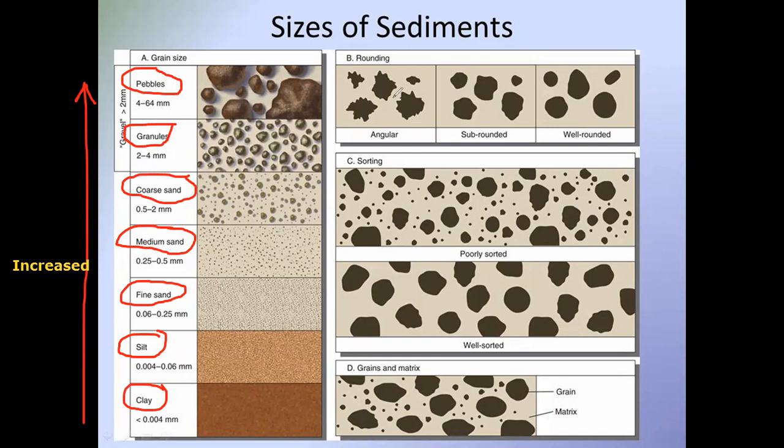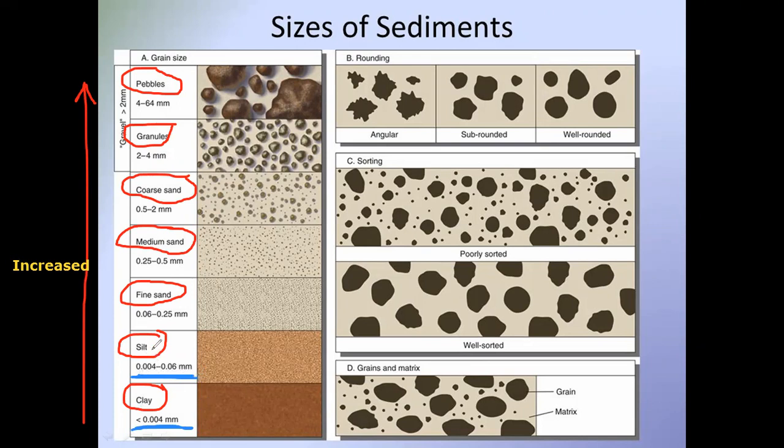At the bottom, the clay size particles are there, and the diameter of a clay size particle is less than 0.004 mm. Very small particles, followed by the silt size particles. Silt is greater in size than clay.